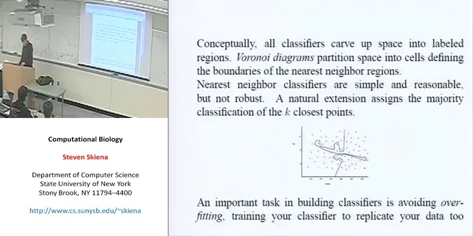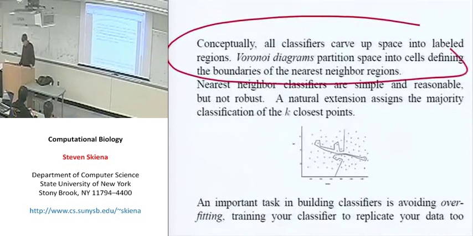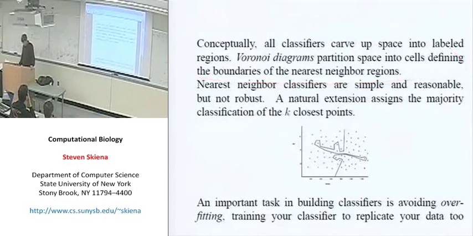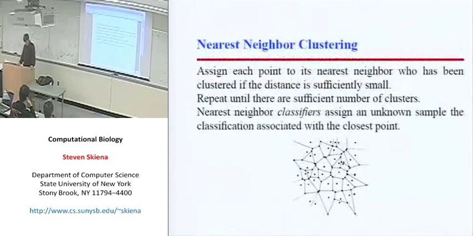Conceptually, they get you into something that people in geometry call Voronoi diagrams. If you look back at the previous slide, this is a picture of a Voronoi diagram. It is a way of carving up space around every point, so that for every cell, the points in the Voronoi cell are all the points that are closer to one of the input points than to any of the other ones.